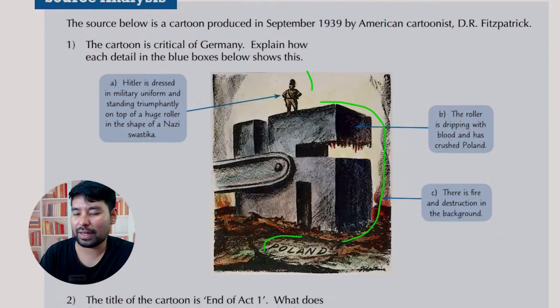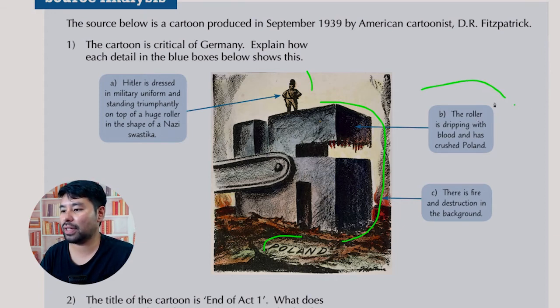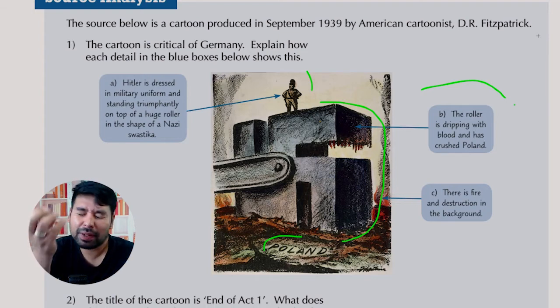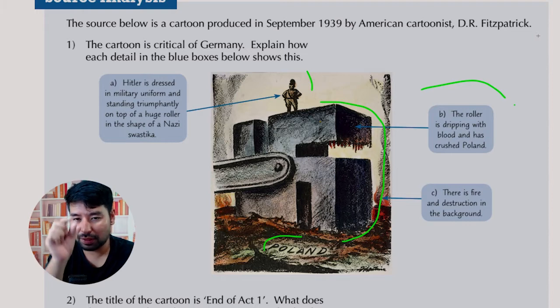Okay, so coming back. And so this is one very good reason, right? B, here we have the next one. And the roller is dripping with blood. This is heavy, right? And has crushed Poland. I mean, I think I don't have to add any information here, right? Dripping is when the blood is falling, little drops of.